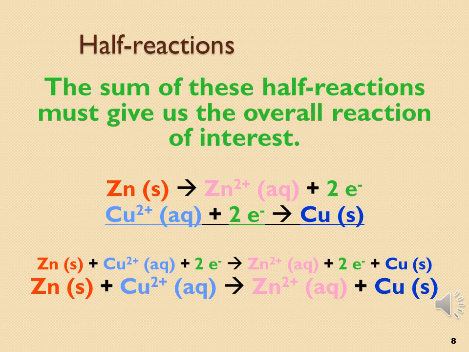If we add the oxidation reaction of zinc and the reduction reaction of copper, on the left hand side we will have zinc solid plus copper 2+ ions plus 2 electrons, and on our right hand side we'll have zinc ions plus copper solid plus 2 electrons. In general, we have 2 electrons on the left hand side and 2 electrons on the right hand side. If we cancel them, we end up getting an overall reaction.